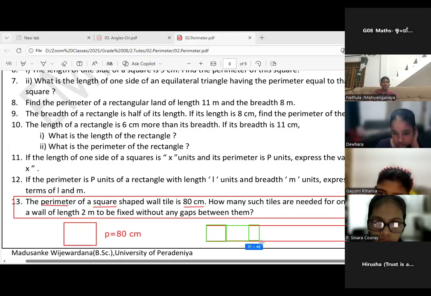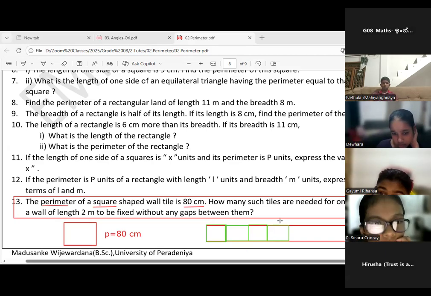Then they are asking how many tiles are needed to fill this wall. That is the basic thing you need to understand.